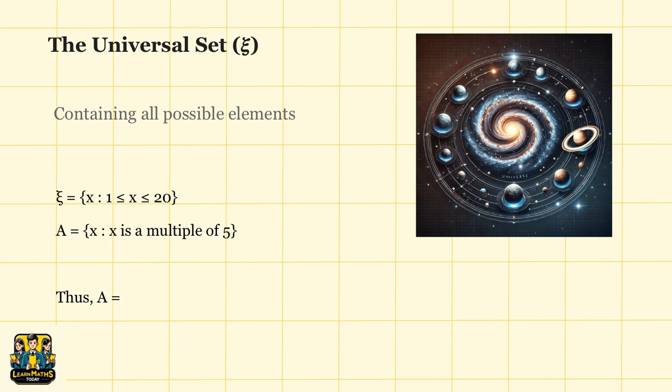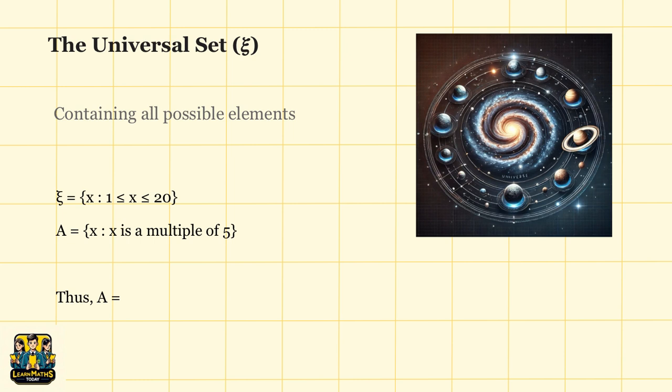Now let's apply the universal set to a mathematical question. As mentioned earlier, the universal set includes all possible elements within a given context. In this example, the universal set is defined as x, where x is more than or equal to 1 and x is less than or equal to 20.